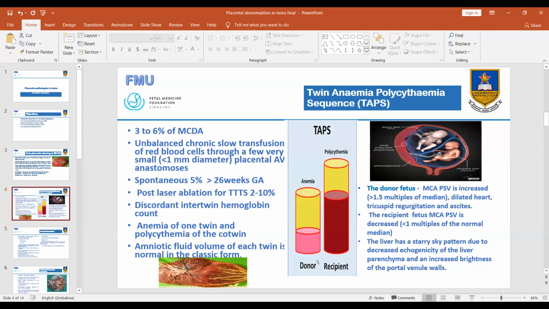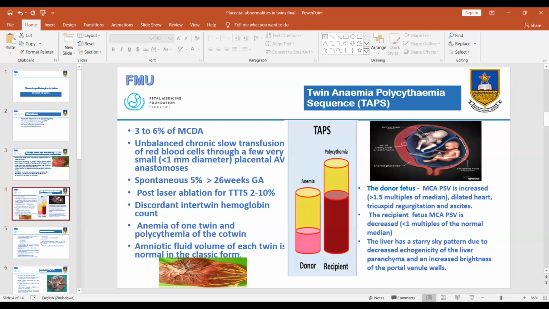This does not affect the amniotic fluid volume in both fetuses. As we can see in this little image on the right side, we have normal amniotic fluid volumes in both sacs, and we have one baby who is looking whitish and another baby who's looking red, and this is the donor twin, and this one is the recipient twin.